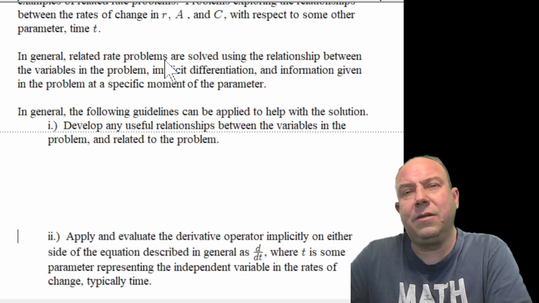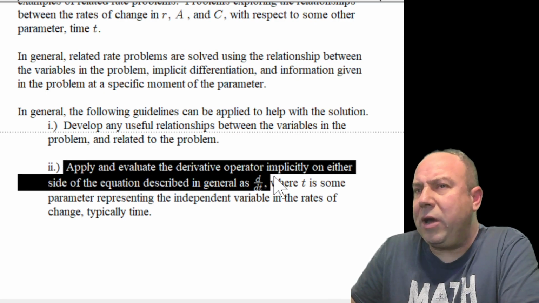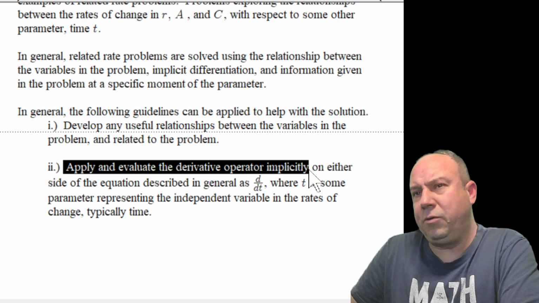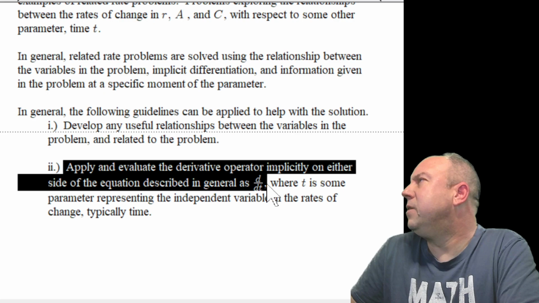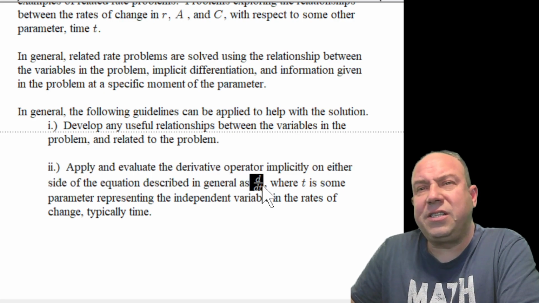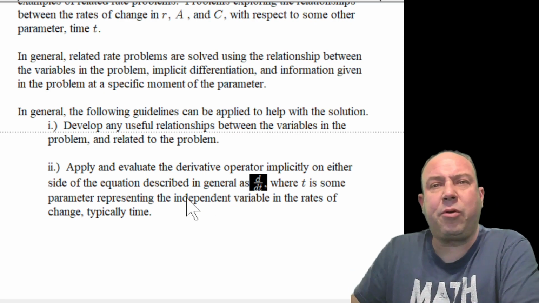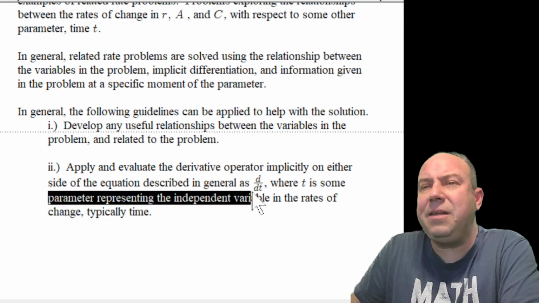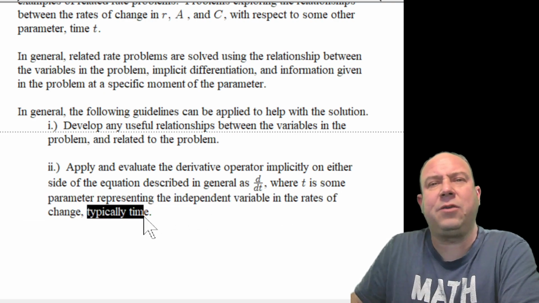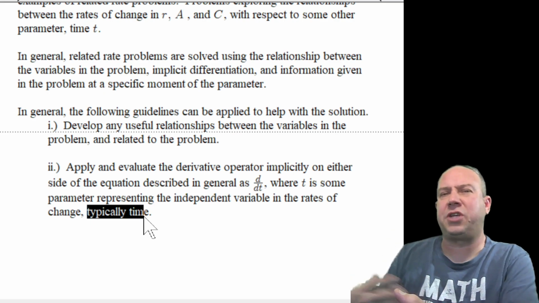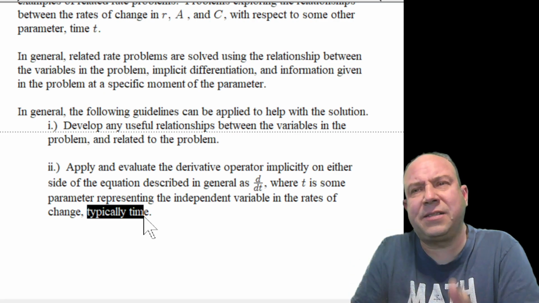Now, once you develop the useful relationships, you apply and evaluate that derivative operator, and you do this implicitly on either side of the equation, right? In general, as just this operator we would think of as d dt, where t is some parameter representing an independent variable in the rates of change. And it's typically the value of time, right? We can think about two variables changing with respect to time, the parameter of time, but it doesn't have to be necessarily time.